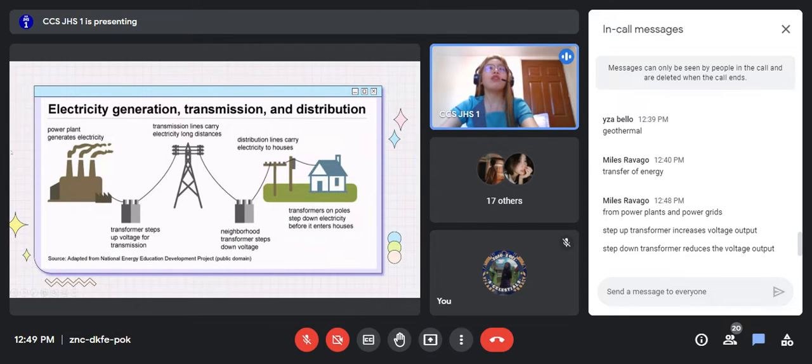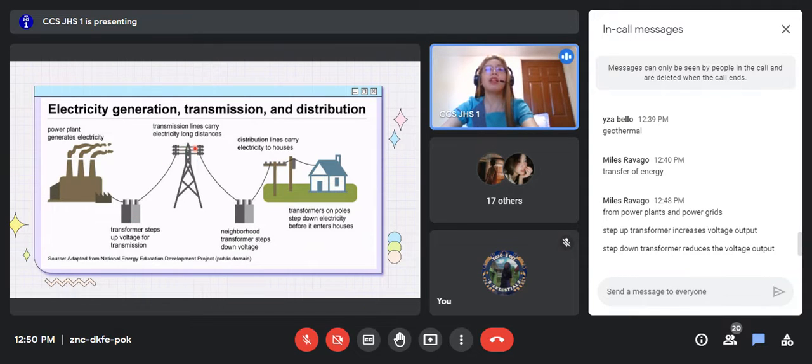Okay, so this will be the flow chart. So let's go back to the flow chart of electricity generation, transmission, and distribution. So we're done with the power plant, how electricity is generated. And then it will be transferred to a step-up transformer to increase the voltage.